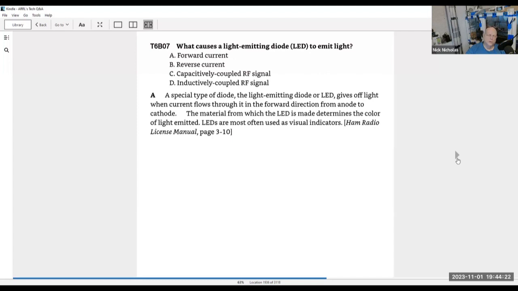So almost all circuits involving diodes have current limiting resistors. But it is the flow of current in the forward direction that allows an LED to light. In the reverse direction, it's a diode, and no current will flow. It will not light if you wire a diode backwards.